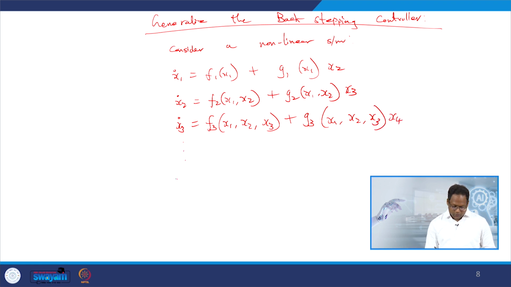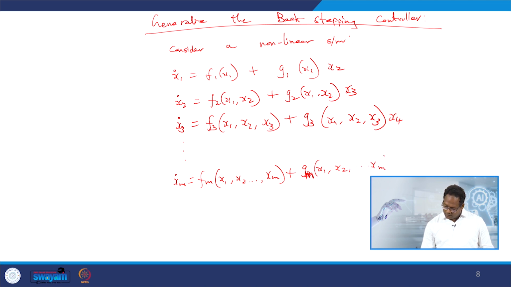It goes up to xm dot, which is given by fm of x1, x2 up to xm plus gm of x1, x2 up to xm multiplied by u.